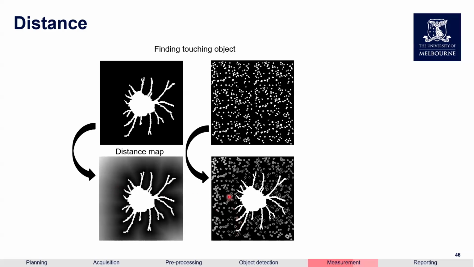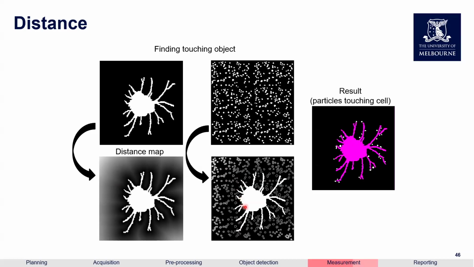Then we can measure the intensity of this distance map for each particle. A particle with a minimum intensity of 0 means its distance from the cell border is 0, and a higher value means it is further away from the cells. So based on this, we can filter the particles based on their intensity in the distance map to detect only the ones touching the cells.